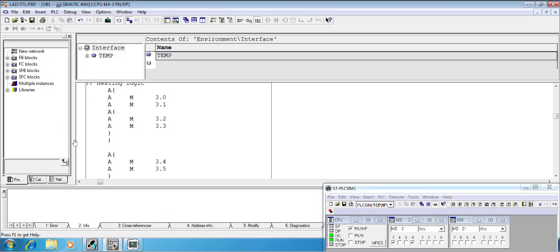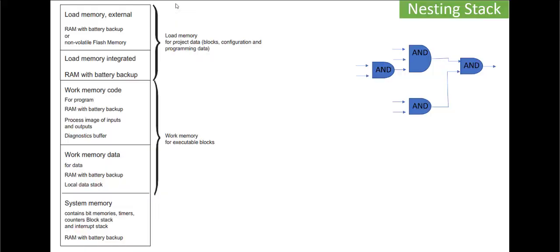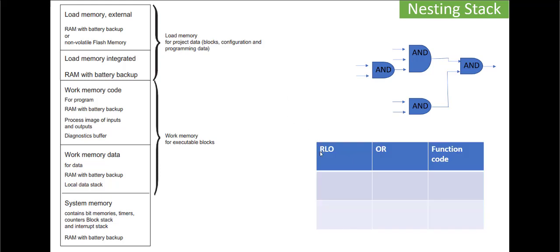Now, this logic actually cannot be executed only with the help of the status word register of the PLC. Instead, it needs to use the nesting stack to implement the nesting functionality. So let's first look at the nesting stack. The nesting stack actually looks like this.